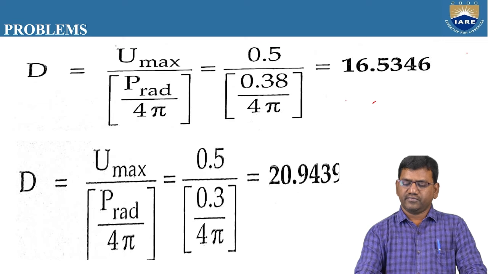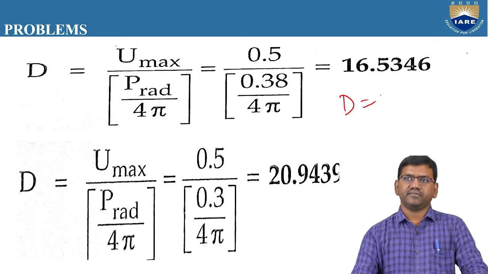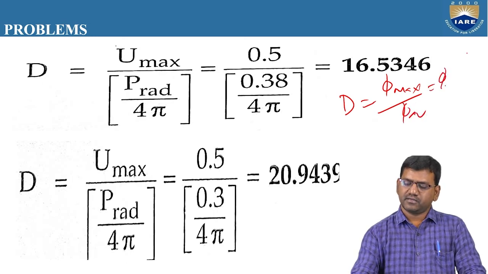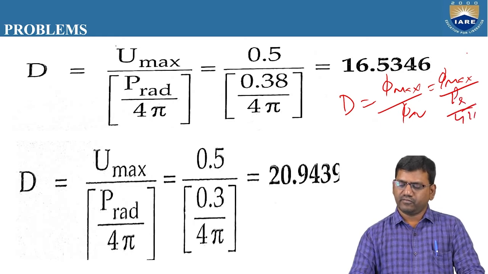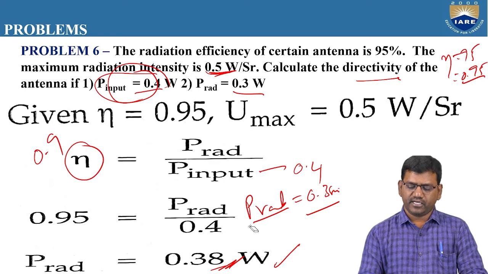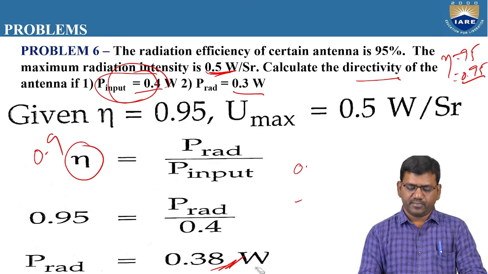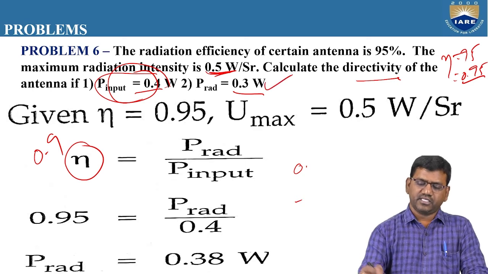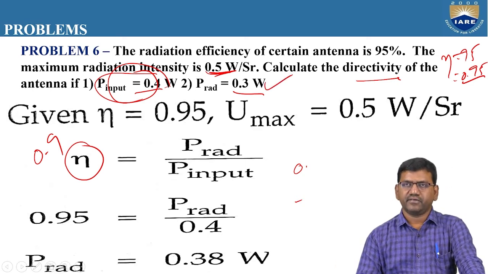From the basic expression of directivity, D is equal to phi max by phi AV, and phi AV is equal to P R by 4 pi. From the given data, we know the value of P rad is equal to 0.38. Now we want to find out the directivity.